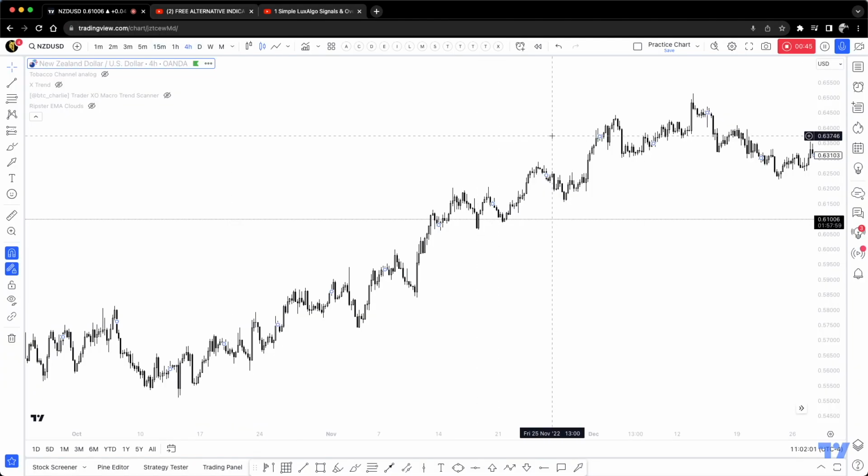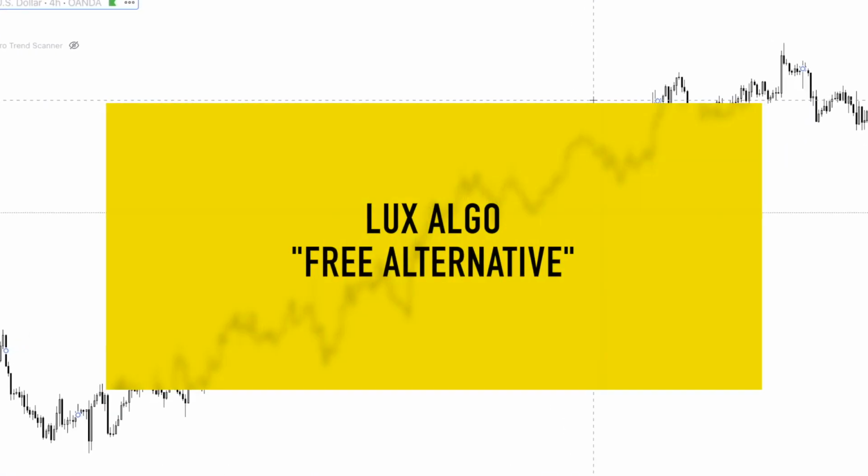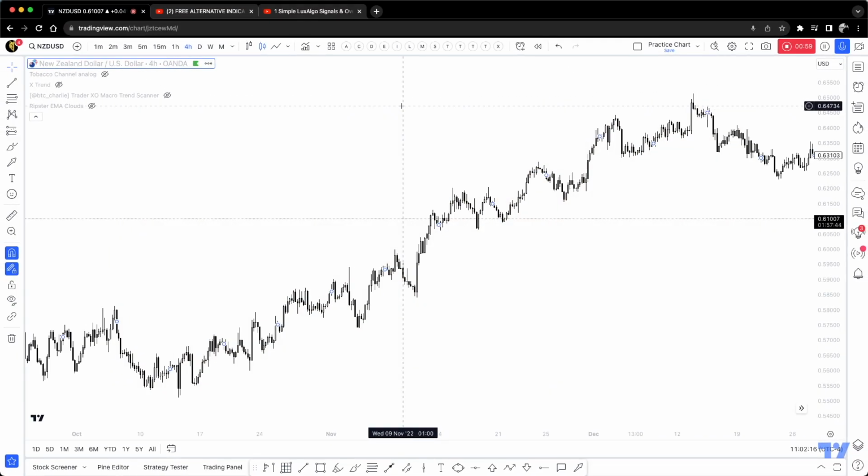And the one I'm going to be talking about today is one of the most requested that I've been getting from you guys, and it's from an indicator called Lux Algo. Let me just tell you, this is not just one indicator they have.